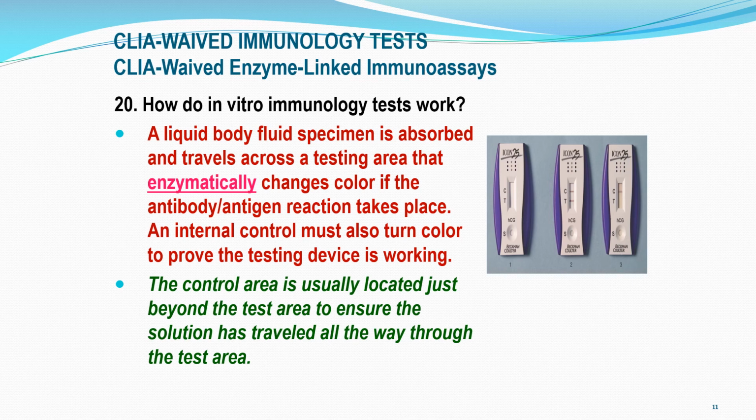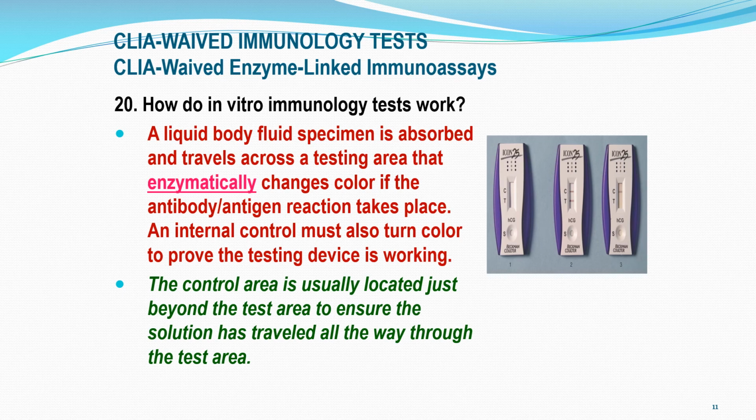The control area is usually located just beyond the test area to ensure the solution has traveled all the way through the test area. So you can imagine, just like with a pregnancy test, there's that membrane there, right? That water can seep through, but that membrane has been impregnated with a type of reagent so that when the body fluid, something like urine, passes through that membrane, it will come in contact with that antigen.